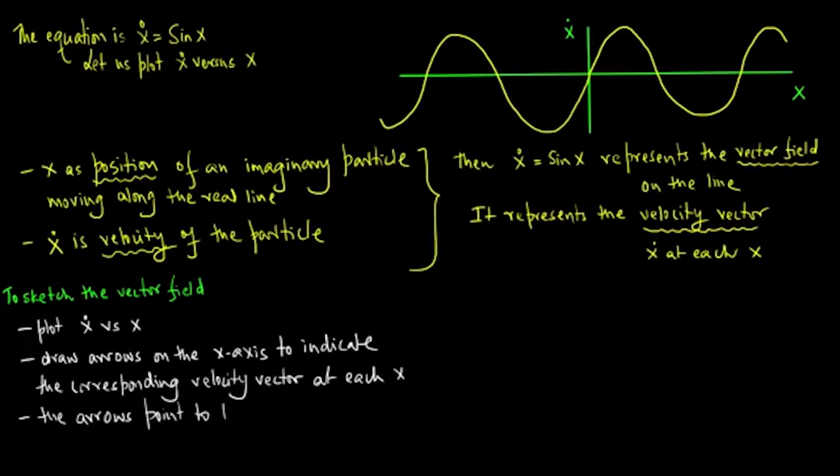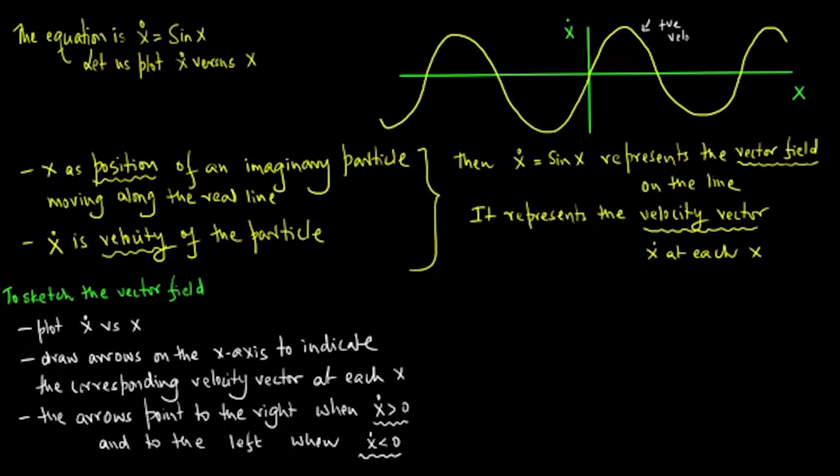The arrows should point to the right when x dot is greater than 0, and they should point to the left when x dot is less than 0. Please pay very close attention to the plot of x dot versus x. We highlight the region of positive velocity where the arrows point to the right, and note the region of negative velocity where the arrows point to the left.